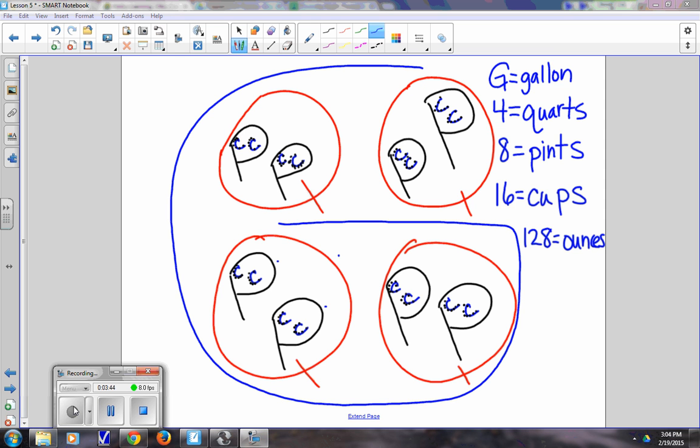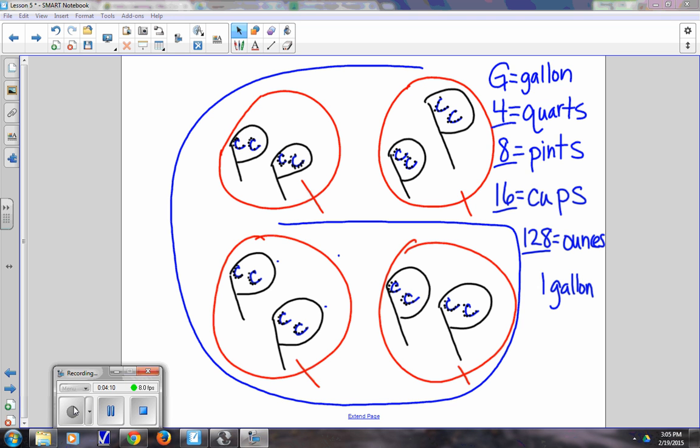So knowing this story and being able to use these numbers right here, 4, 8, 16, and 128, those all equal 1 gallon. Okay, so 1 pint equals 2 cups. 1 quart equals 2 pints.